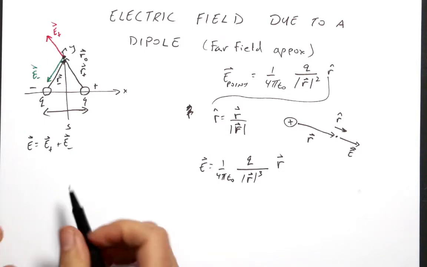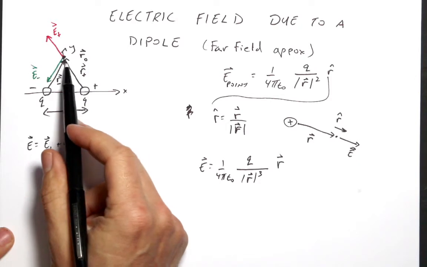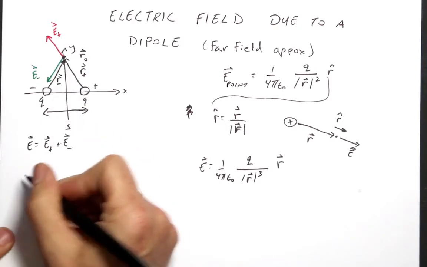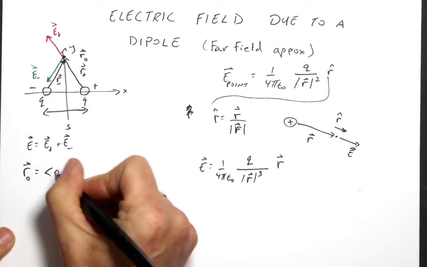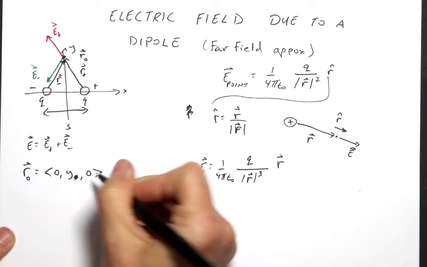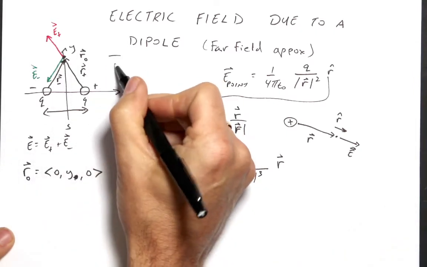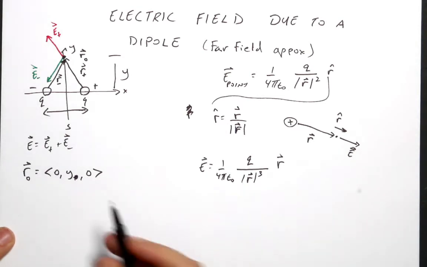Okay. So let's calculate E plus. The first thing I need to do is pick my observation location. Let's say r naught is on the y-axis, so I'm going to write this as <0, y, 0>. That's the distance y up here. So it's on the y-axis, some value y.